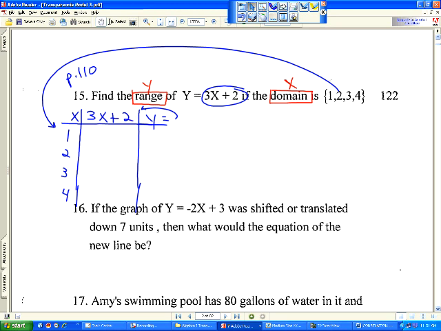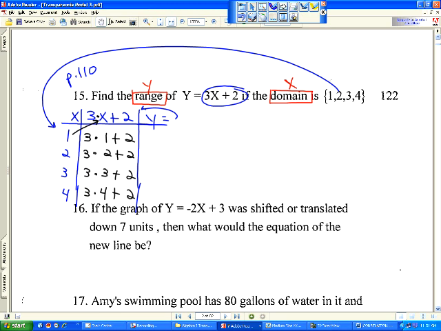Everybody see how we got our table started? So we plug in the domain. We're going to have 3 times my x of 1 plus 2, 3 times my x of 2 plus 2, 3 times my x of 3 plus 2, 3 times my x of 4 plus 2.